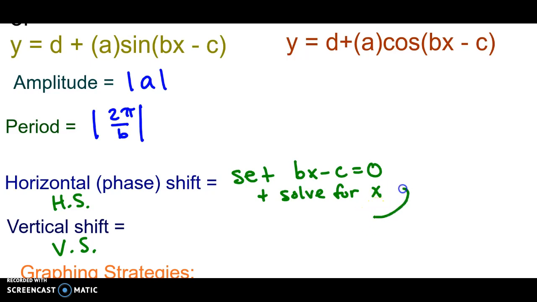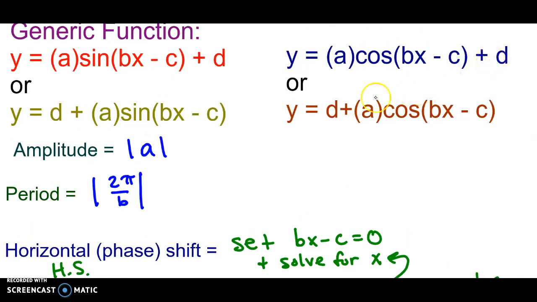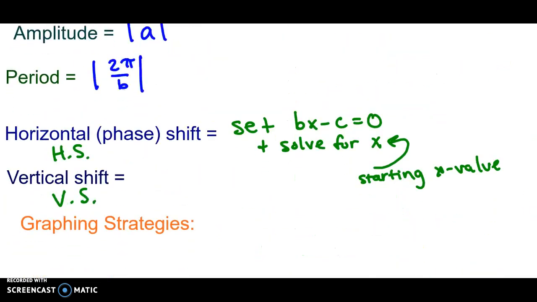And this will give you your starting x value. So again, your starting x value is where your period begins. Okay? And then your vertical shift, how is it moving up or down? Well, that would be whatever constant we are adding or subtracting. So that would be just d.